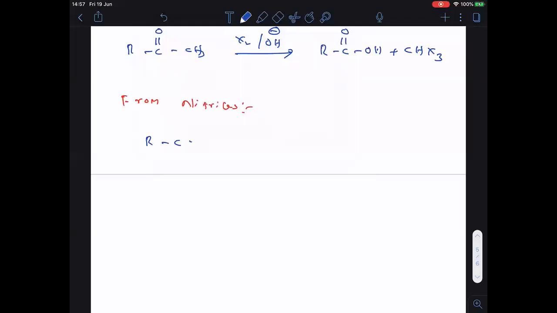Now RC triple bonded N. So this cyanide, when it undergoes hydrolysis in acidic medium, remember everyone, cyanides on hydrolysis always give the carboxylic acid and the byproduct formed is ammonia. Carboxylic acid plus ammonia. Clear?